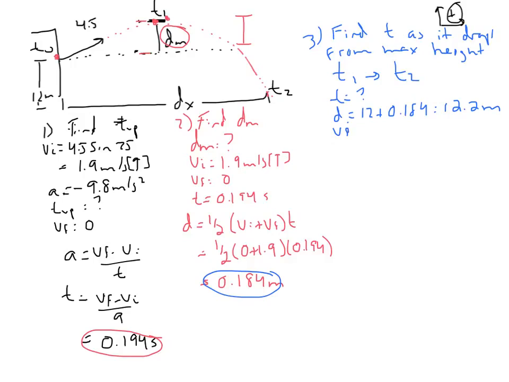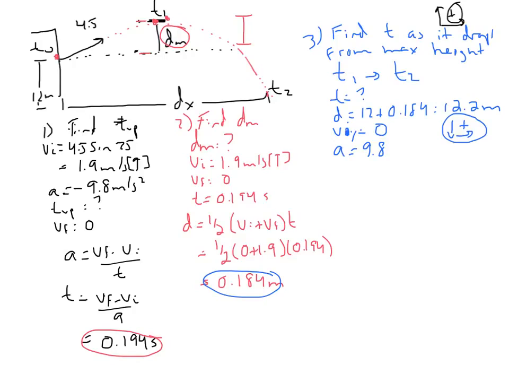Vi, because it's starting from the top, remember? So since it's starting from the top, the Vi in the y component is 0. And acceleration is 9.8. Now, we've changed it, right? We can do this, as I said before. Now we're going to say down and to the right is positive. And as long as you assign it at each different division of your question, you can change it as you see fit to make it easier for yourself.